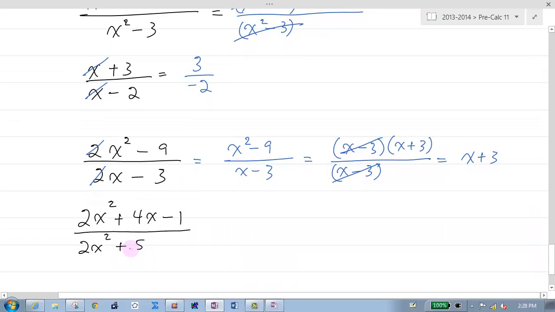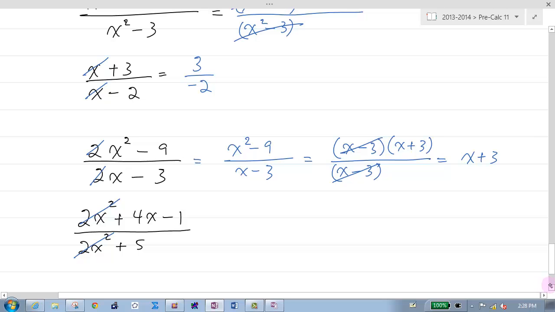Another common error, right? Again, people see a common term. This is a very, very easy thing for people to follow and make mistakes on: canceling out something that is common between the top and the bottom, but not a common factor, right?